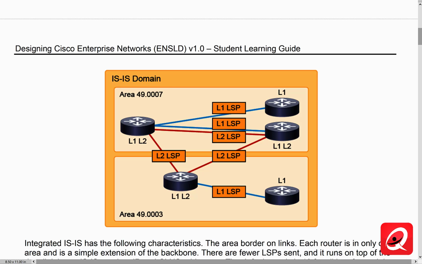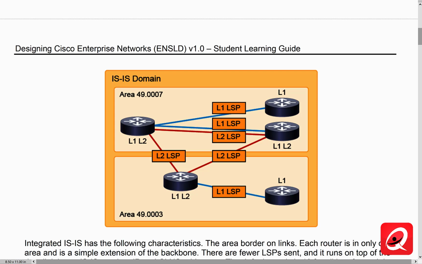Now, ISIS does use a slightly different set of terminology than OSPF for naming the protocol packets themselves. The packets that ISIS routers send to each other describing the network topology are called link state protocol data units, or link state PDUs, or LSPs, and we mentioned that previously.